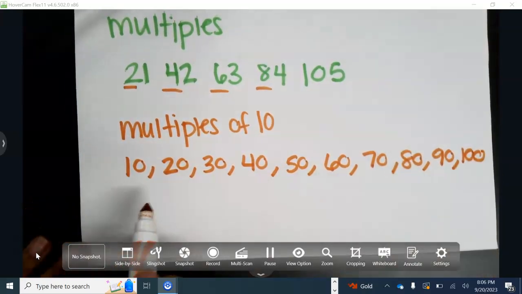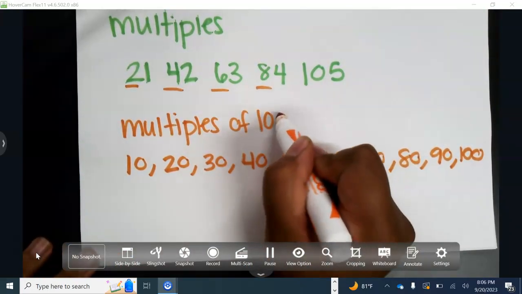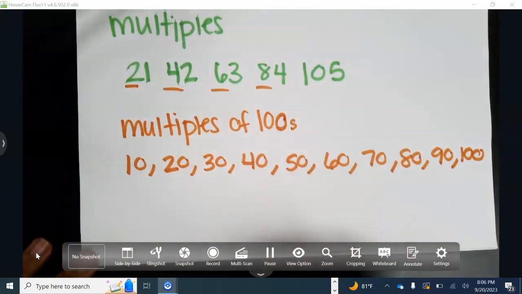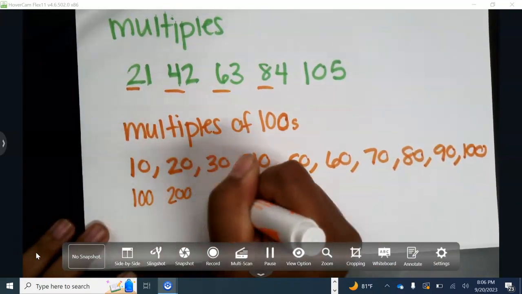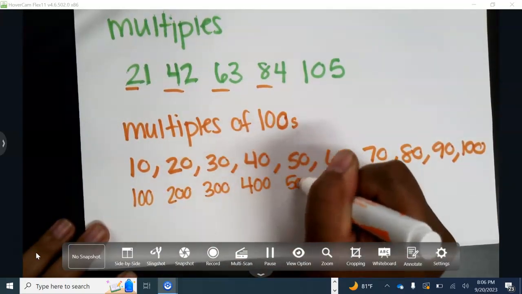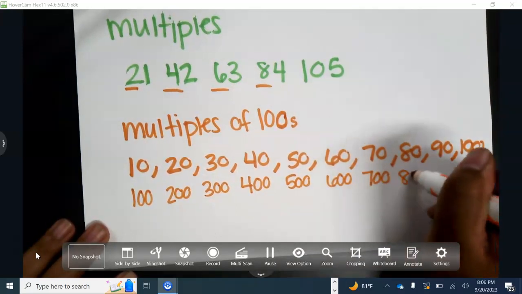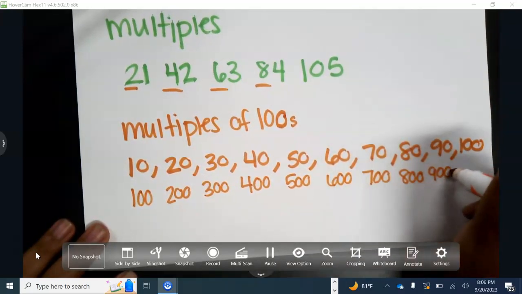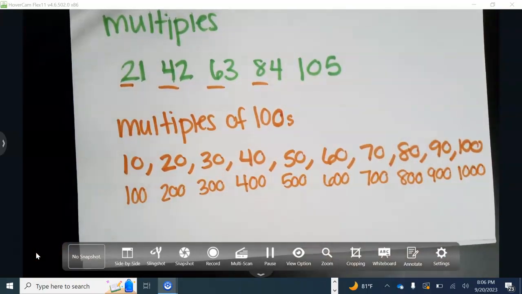Now instead of just multiples of tens, we're going to try multiples of hundreds. 100, 200, 300, 400, 500, 600, 700, 800, 900, 1,000.